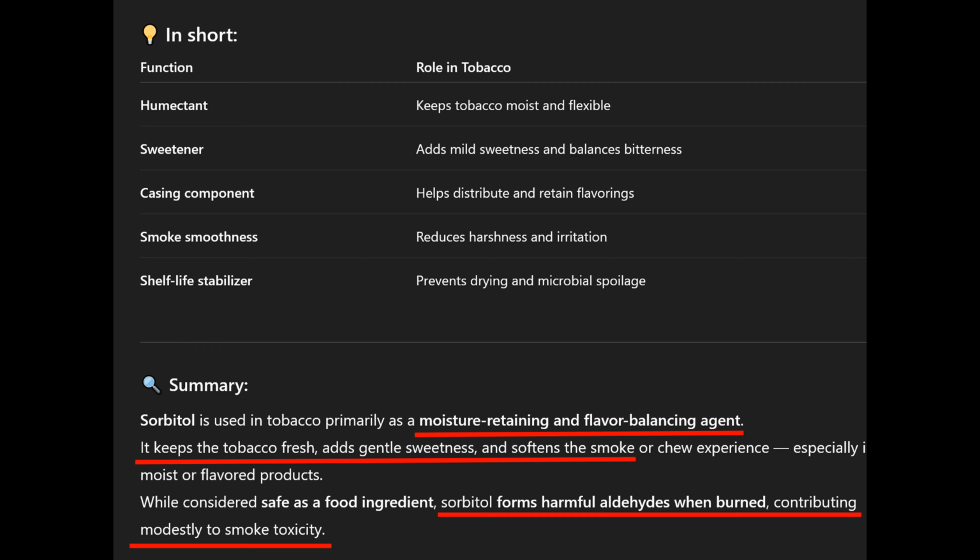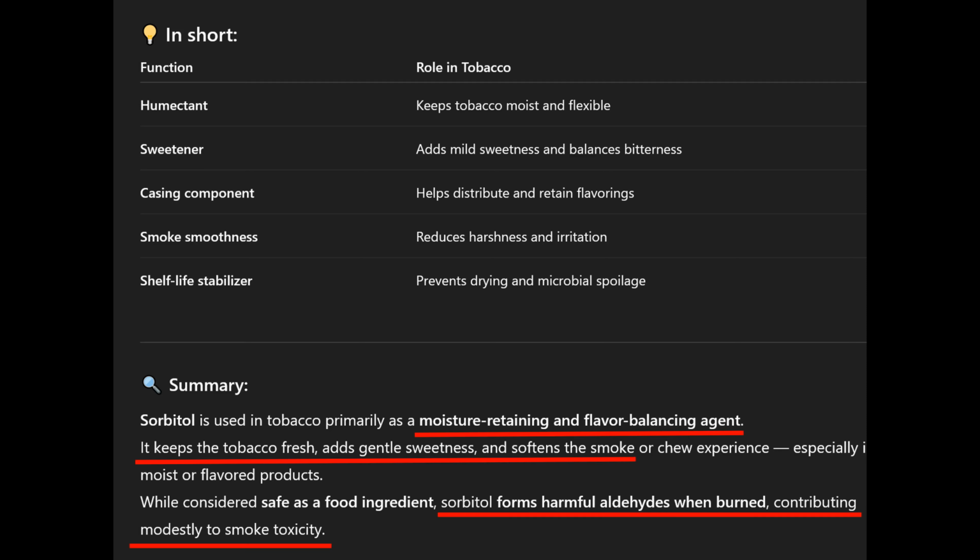It keeps the tobacco fresh, adds gentle sweetness, and softens the smoke. Sorbitol forms harmful aldehydes when burned, contributing modestly to smoke toxicity. So that was the sorbitol.